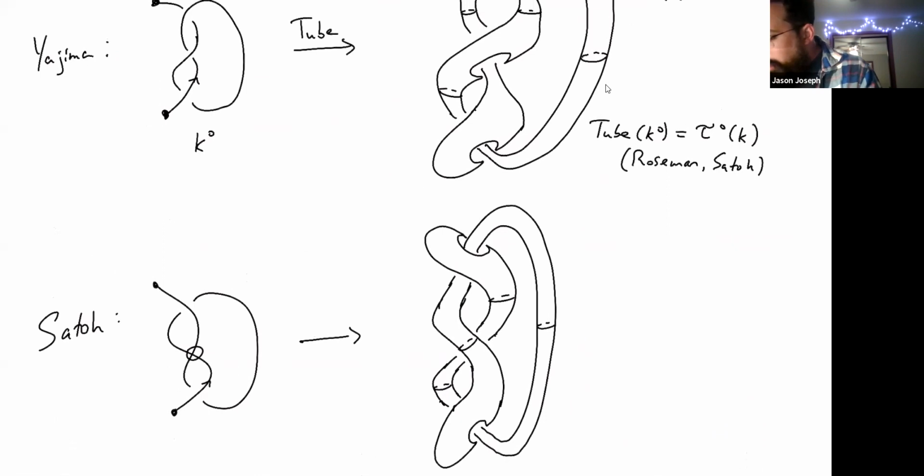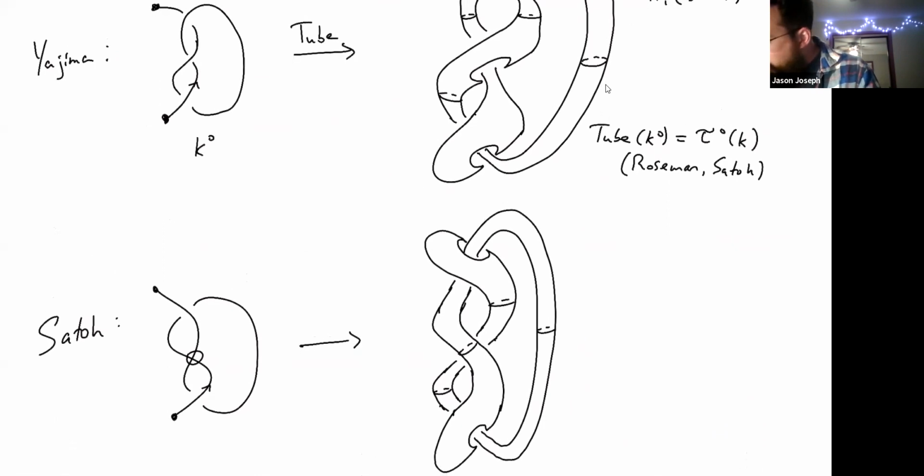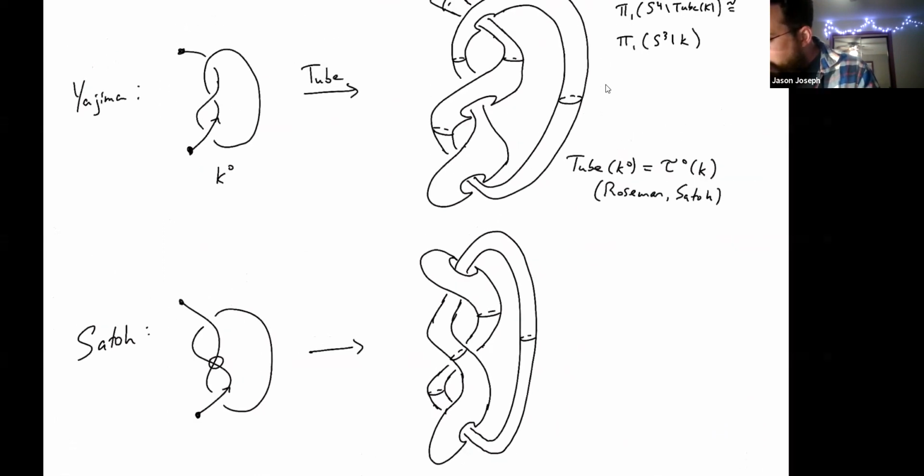I don't think virtual knot theory even existed when Yajima was tubing things, but now if you have a virtual crossing, you just tube it to not a crossing, right? And that kind of virtual crossings are like you get to the other side without crossing, right? So it's kind of a nice manifestation.